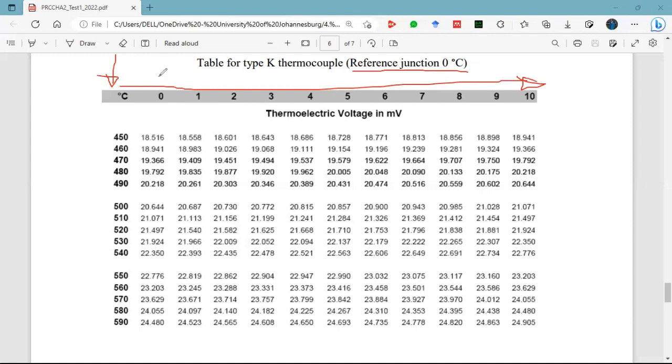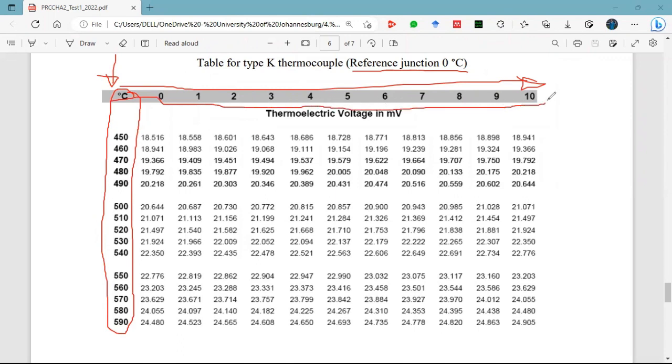This one here is your major scale, and the first row holds increments of 0 to 10. So this is 450 and the other one is 460.